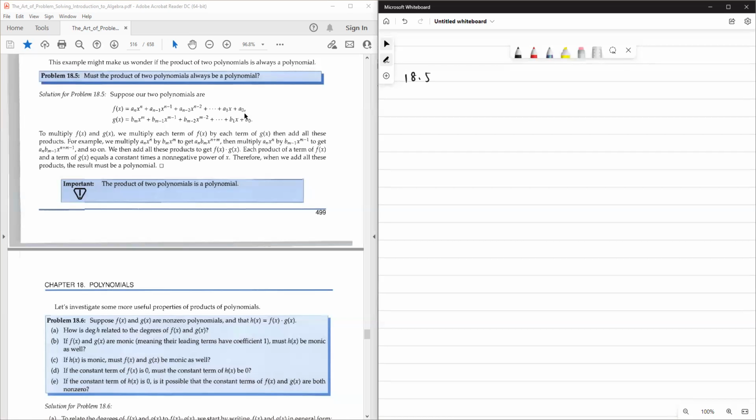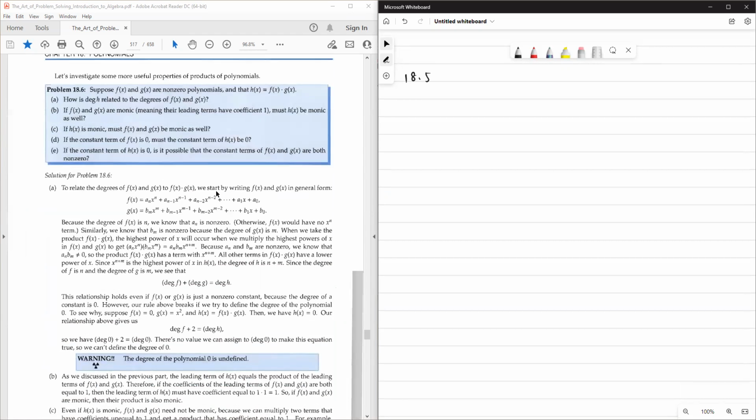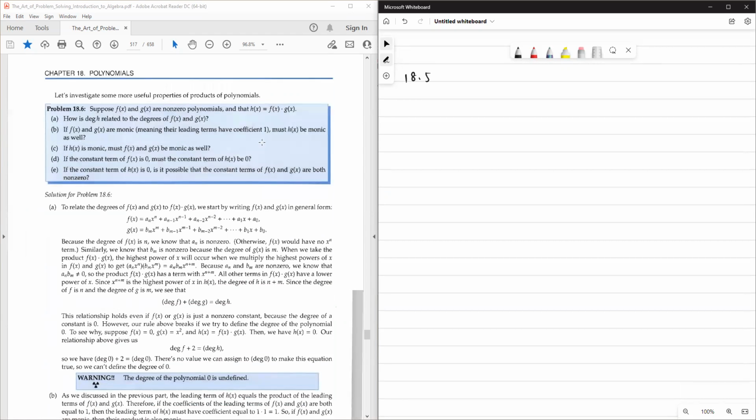Even if they cannot cancel each other out, you will still have the constant term. You can multiply two and end up with a 0 except when one is 0, but in that case, you always end up with a polynomial. So there's no way for this to not be a polynomial. The answer is yes, the product of two polynomials will always be a polynomial. That's a pretty trivial question, so let's investigate more.